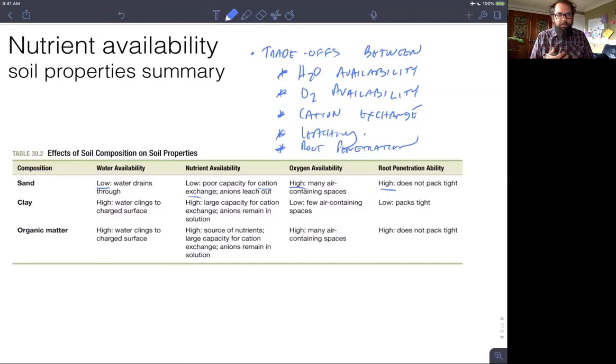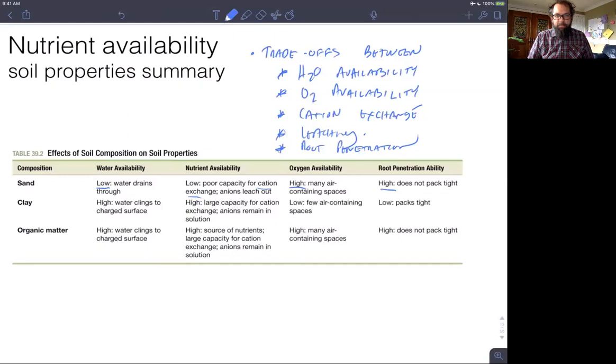If we contrast that with clay, clay has high water availability. It has high possibility for nutrients. There's large capacity for cation exchange, and the anions will remain in solution. But the oxygen availability is very low because there are few air-containing spaces and it packs tight, so it's hard for roots to penetrate.